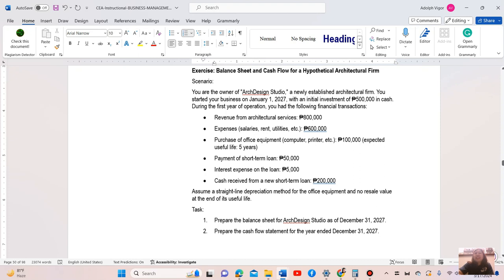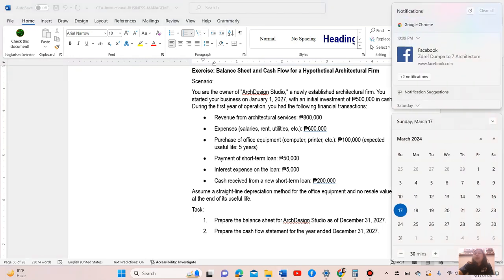Okay, class. So I hope that it's clear. Okay? So the deadline for this activity, for the exercise and the reflection would be this Friday. When is Friday, the 22nd, no?